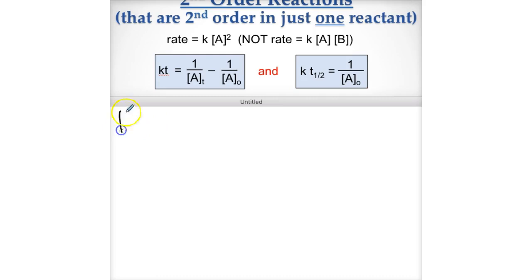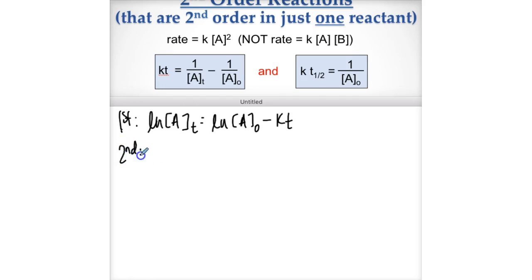For first order, we learned that it is natural log of A at a certain time is equal to natural log of A initial minus KT, right? This is first order. For second order, it's the same thing, except we don't have a natural log. So it's 1 over AT is equal to 1 over A0 plus KT. So there's no natural log and it's an inverse.